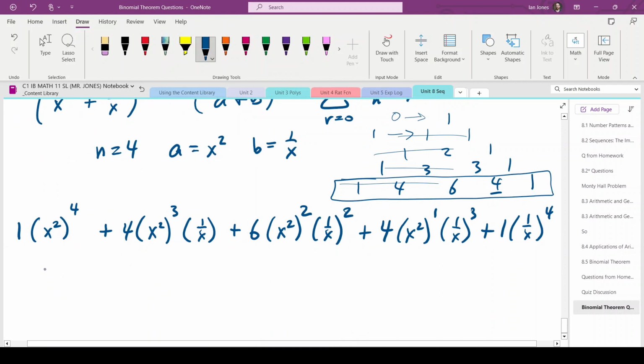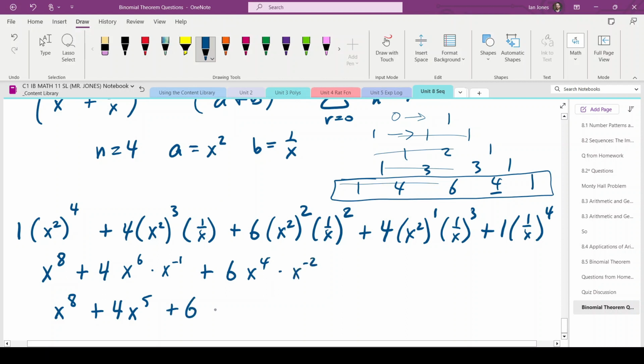x squared to the 4, that's x to the 8 times 1, which is just itself. Here I have 4. This is x to the 6 times x to the negative 1. So that's going to simplify on my next line down to x to the 5th. Here I'm going to have 6 x to the 4 times x to the negative 2, so I'm going to get a 6 x to the 2.